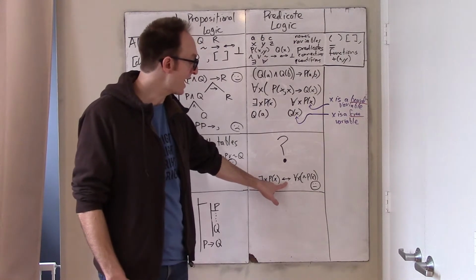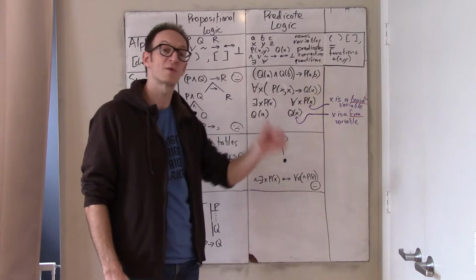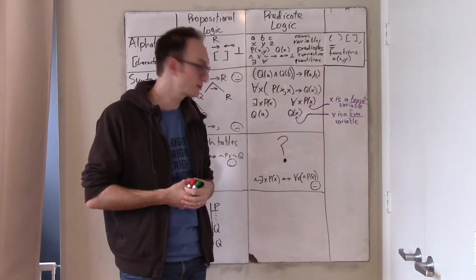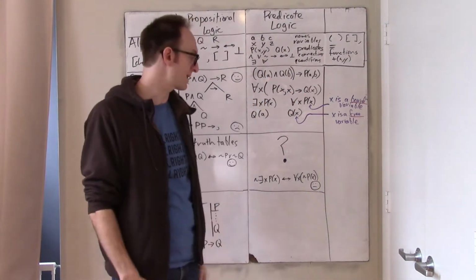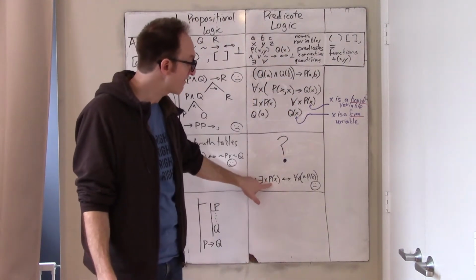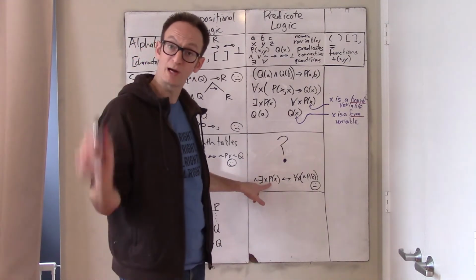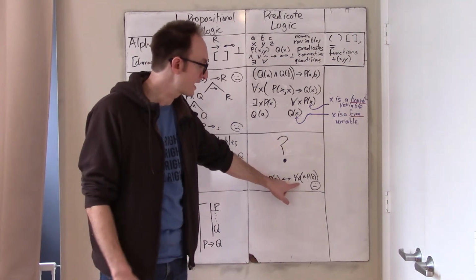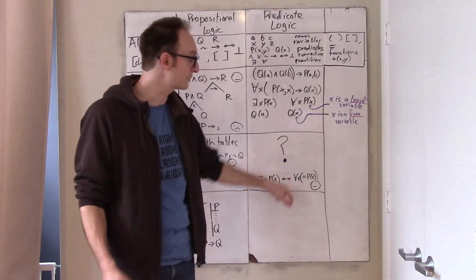Well, I'm going to have to not just look at the P's and Q's now, but I'm going to have to consider every conceivable, possible domain of discourse, of which there are obviously an infinite number of different domains. And I'm going to have to consider every possible different predicate. And the predicates can mean all kinds of different things. And I'm going to have to somehow talk about this infinite process of checking to see whether it's true for every single one.